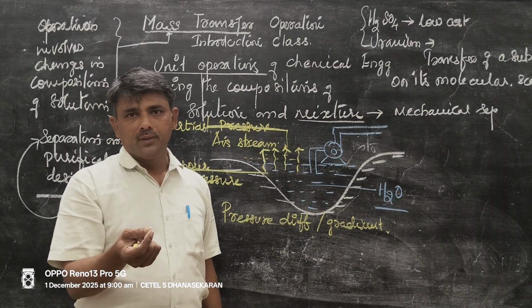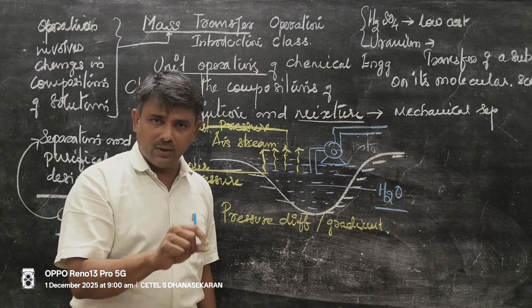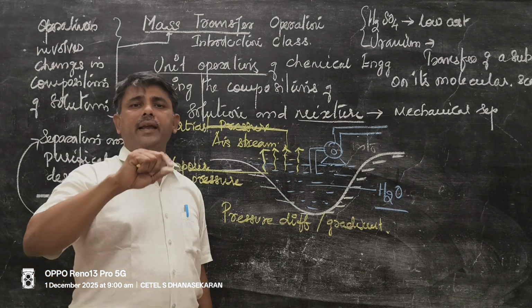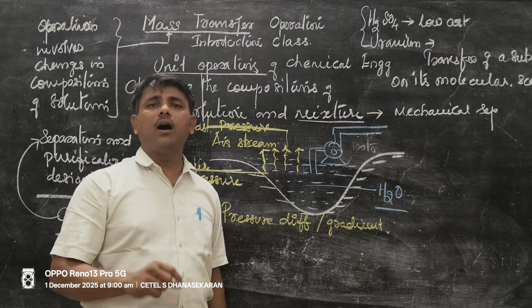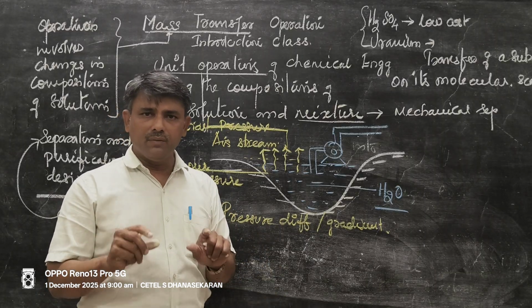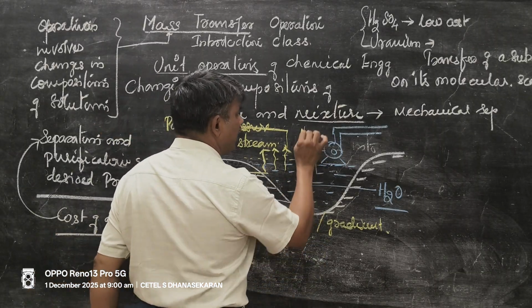Are you clear? Mass transfer operations are characterized by transfer of a substance on its molecular scale either by pressure difference or by concentration difference, something like that. This is the brief information on mass transfer operations. This is called bulk movement.